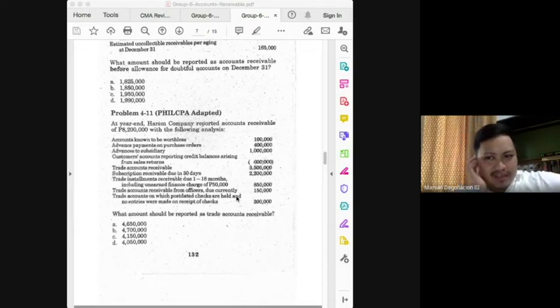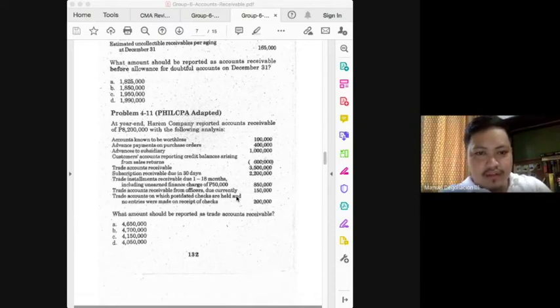Okay, trade installments class, obviously this would be part of our trade accounts receivable. However, only those that are currently maturing, or not even due in 1 to 18 months, including unearned finance charges in the amount of 850,000.